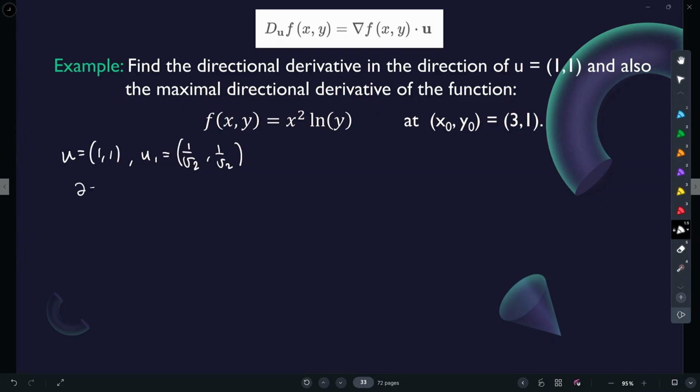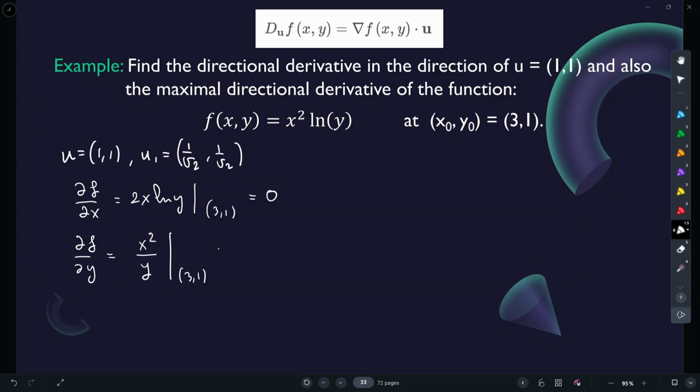The partial of f with respect to x will be 2x ln y. Evaluated at 3, 1, ln of 1 is 0, so this is just 0. The partial with respect to y will be x squared divided by y, because the derivative of ln y is 1 over y. Evaluated at 3, 1, that is 9.